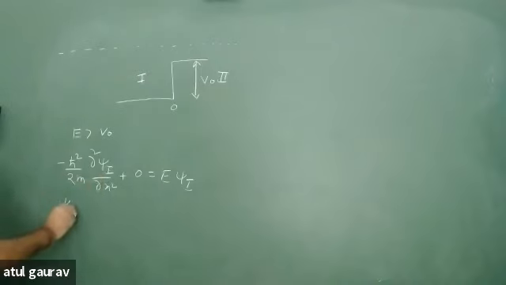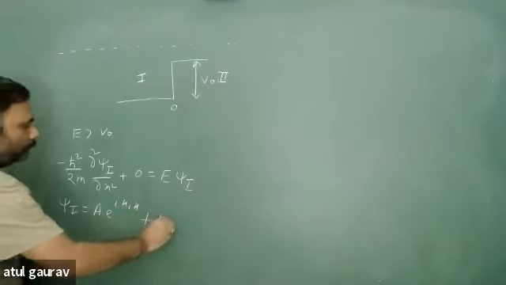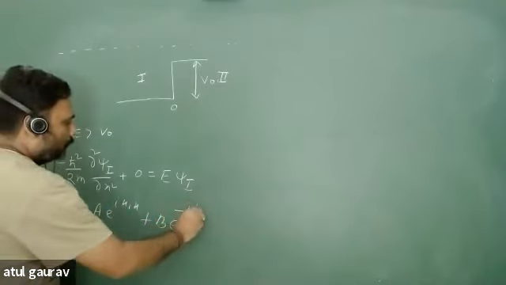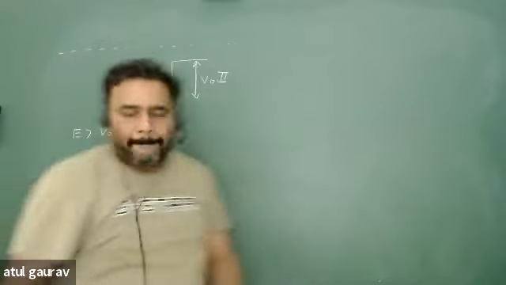So psi 1 is equal to A e to the power i k1 x plus B e to the power minus i k1 x. What is the value of k1? The value of k1 is root under 2mE upon h cut square. I have just done this problem as a free particle.